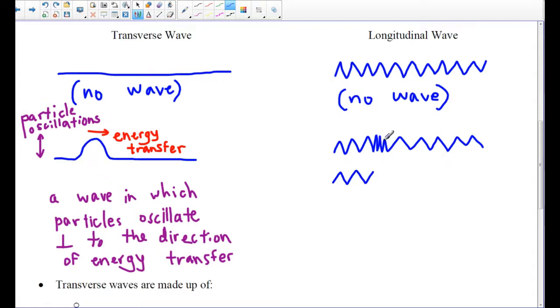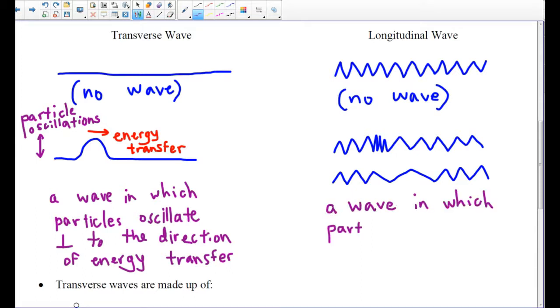Over here, instead of having a compression, you could have a stretched region. And that stretched part will travel through the medium. Longitudinal waves are defined as waves in which particles oscillate parallel to the direction of energy transfer.